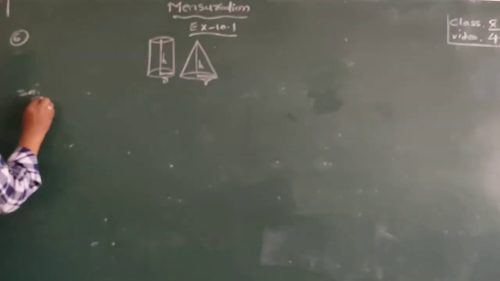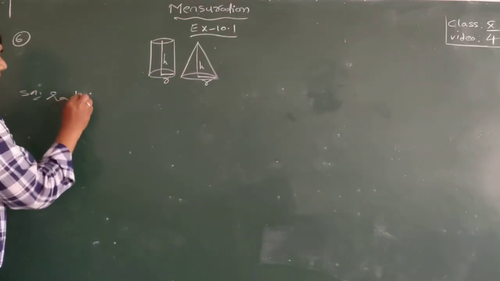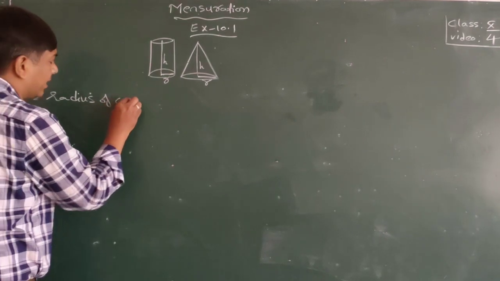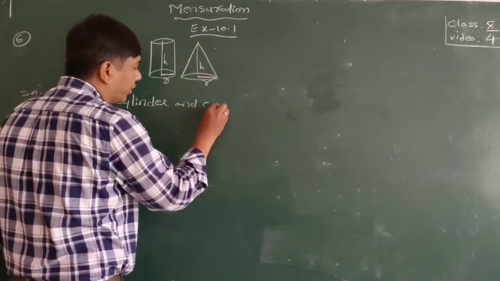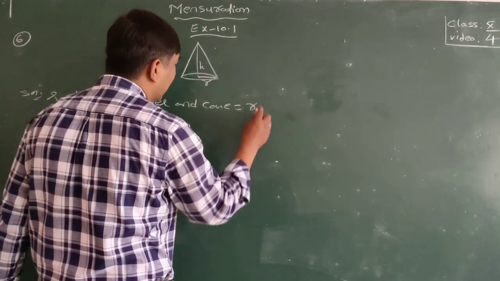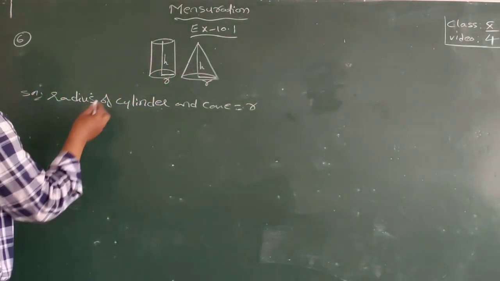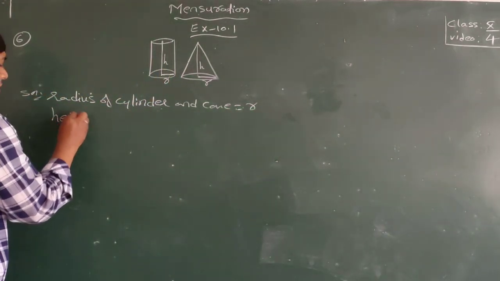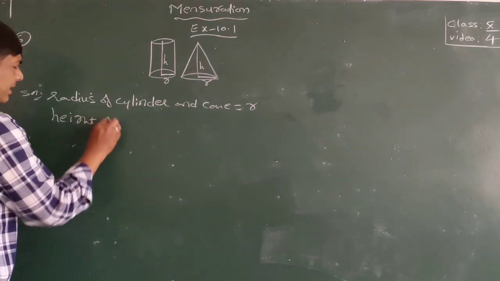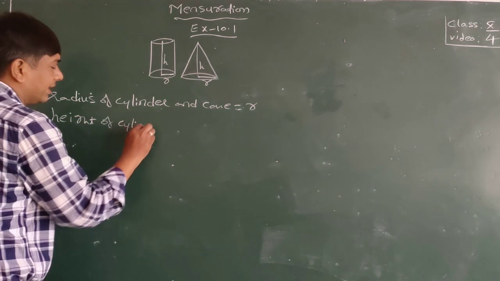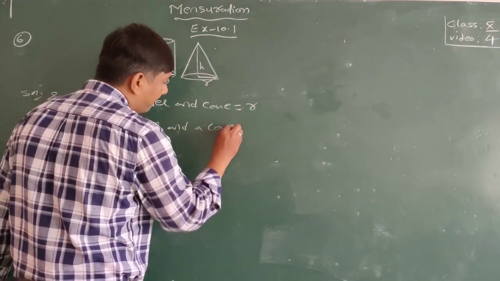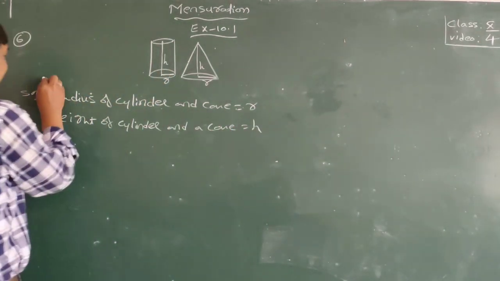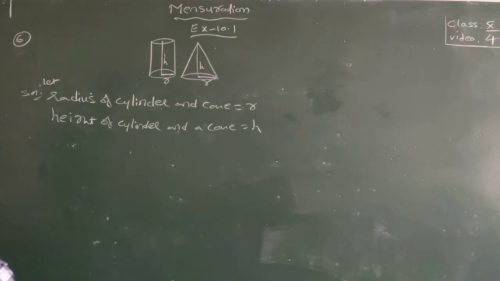So see here, the radius of the cylinder and cone is equal to R, and the height of the cone and cylinder, both are equal to H, they are given.